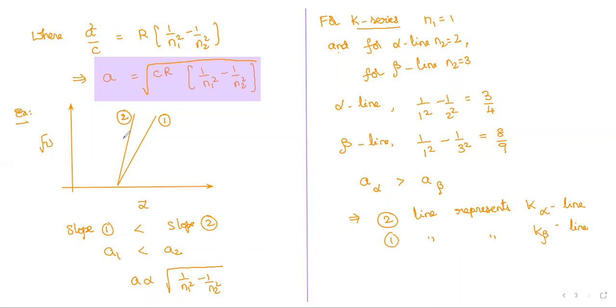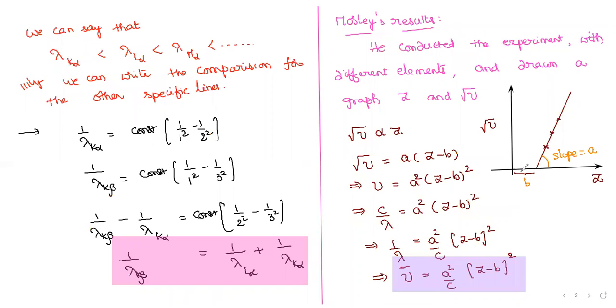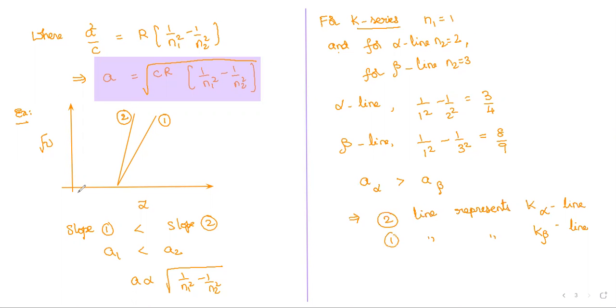This is what I said: line to line the slope will change. And b, the x-intercept, is constant for one particular series. This is the K series, so for both lines b is constant.